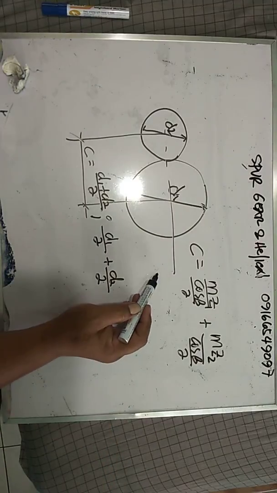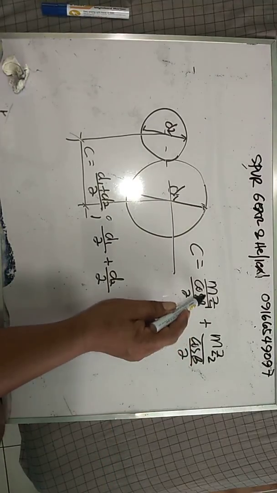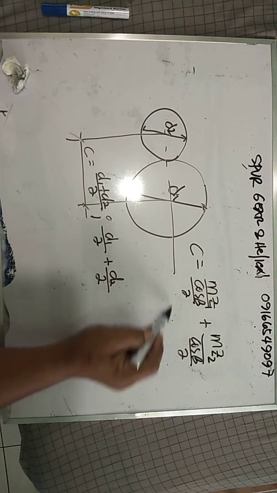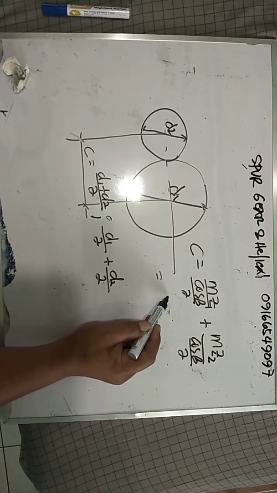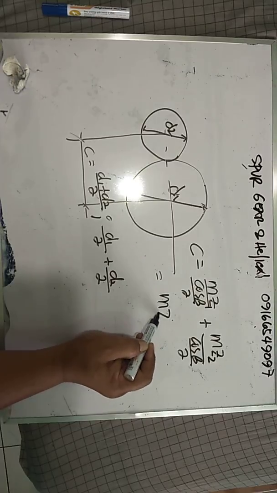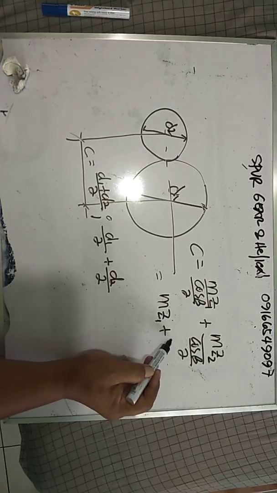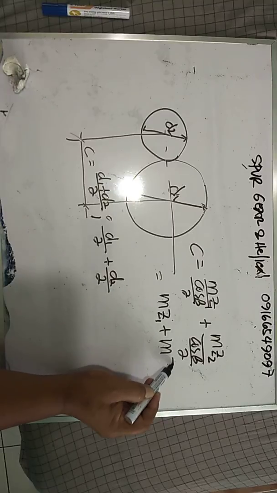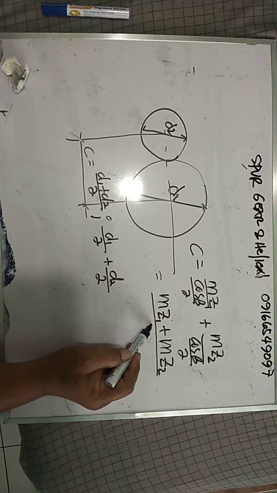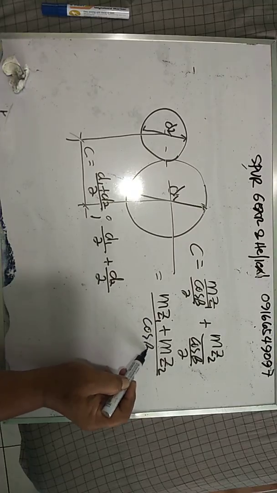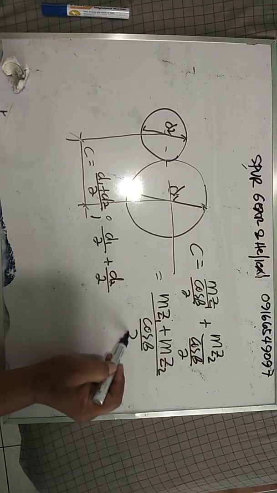Okay, so we have the same denominator. So we can write this as module Z1 plus module Z2 over cosine beta over 2.